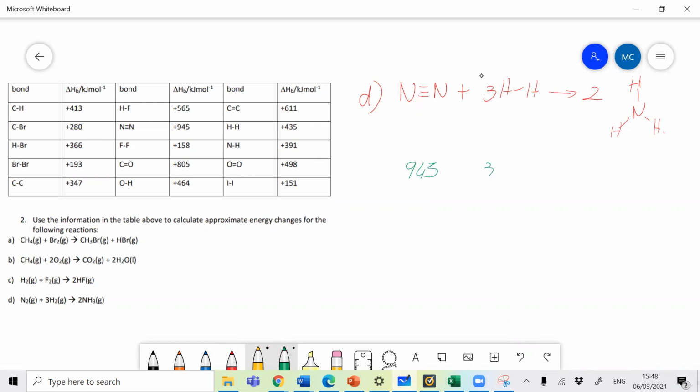Hydrogen bond is going to be 3 times 435. And you will have 6 nitrogen-hydrogen bonds. So 6 times 391, it's exothermic, therefore it's going to be negative. So you can start immediately by ensuring that you know what the totals are.